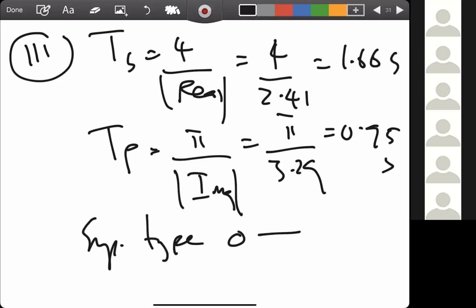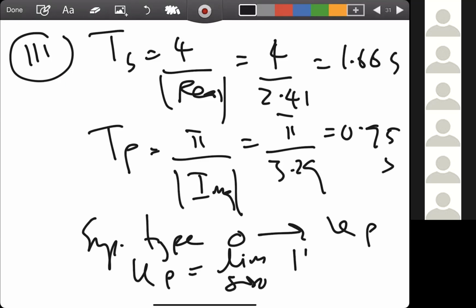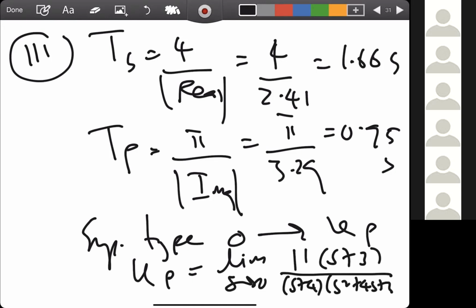System type 0, so use Kp. Kp is G(s) at s equals 0. What is the gain just now? Ismail said the gain is 11. And the zero is s plus 3, then s plus 4, then s squared plus 4s plus 5.